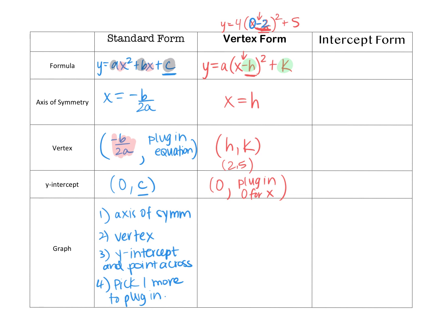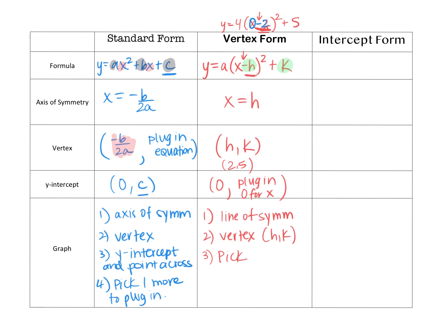Okay, if I was going to graph this, this is the order I would go in using what I know. First thing, I would plot the line of symmetry or the axis of symmetry. You can find that by looking at that h value. Then I would find the vertex, that h comma k. Next, I would go kind of two ways. I might just pick a couple points or find the y-intercept.